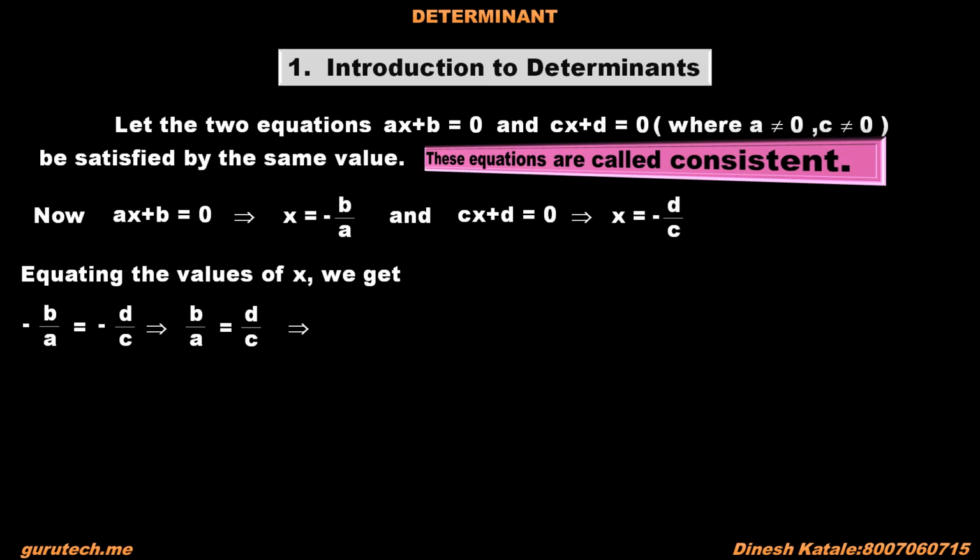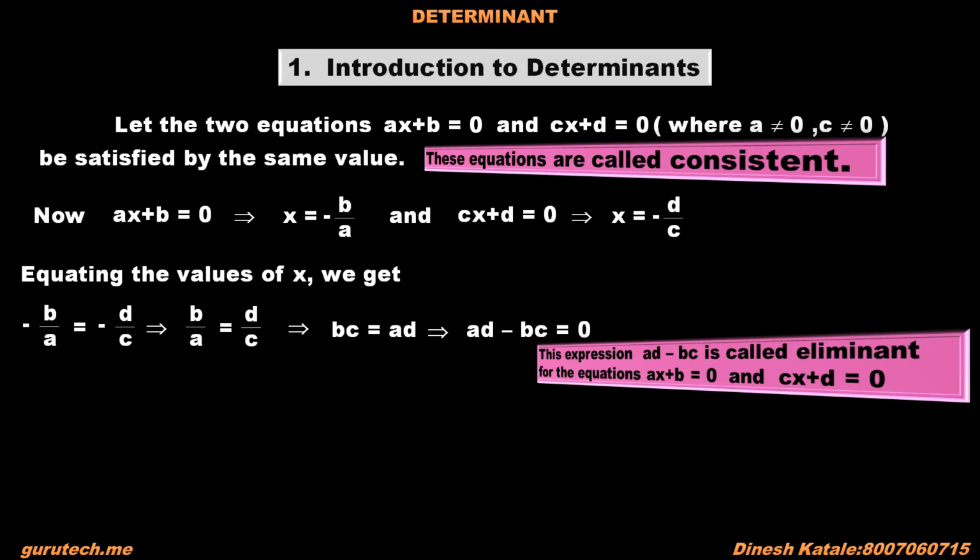By cross multiplying, we get b into c is equal to a into d, which implies ad minus bc is equal to 0. This expression ad minus bc is called eliminant for the equations ax plus b is equal to 0 and cx plus d is equal to 0.